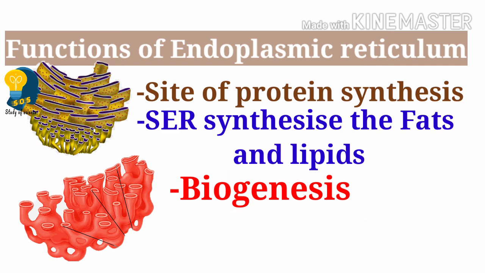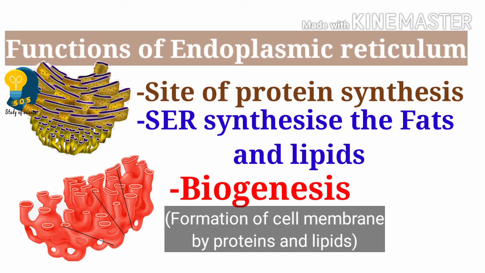Some of the proteins and lipids which are present in the endoplasmic reticulum help in forming the cell membrane, which is also called the plasma membrane. And this process of forming the cell membrane or plasma membrane, we call biogenesis. Clear? Biogenesis is a process where proteins and lipids present in the endoplasmic reticulum help in forming the cell membrane, which is also called the plasma membrane.